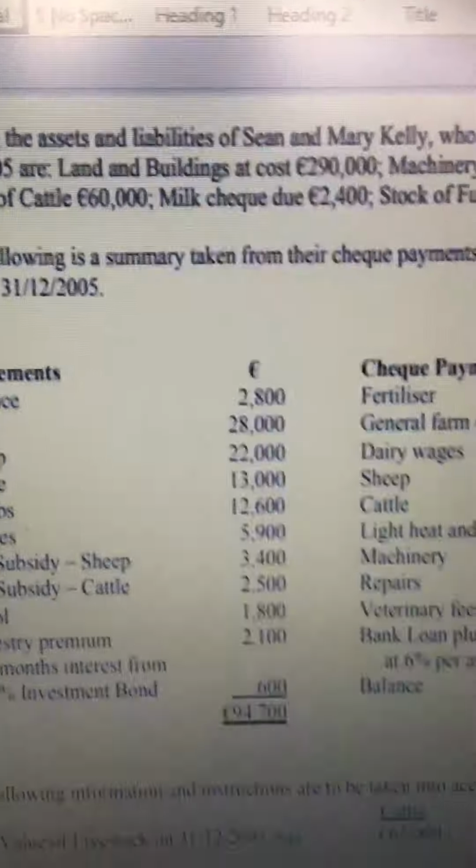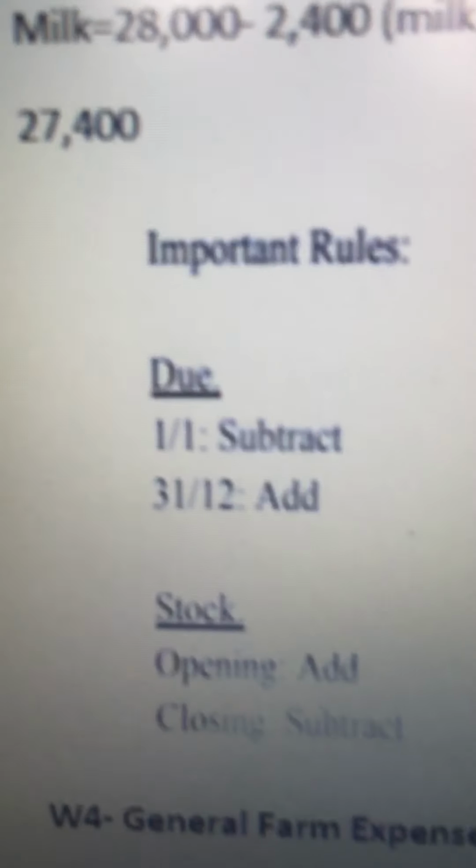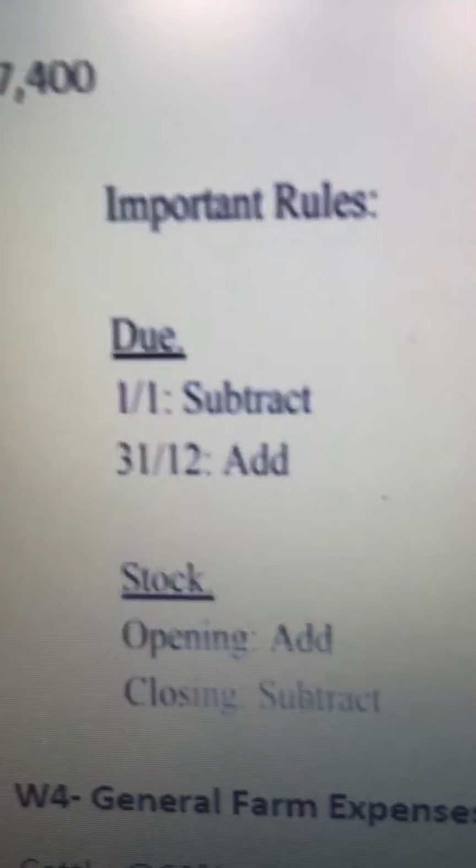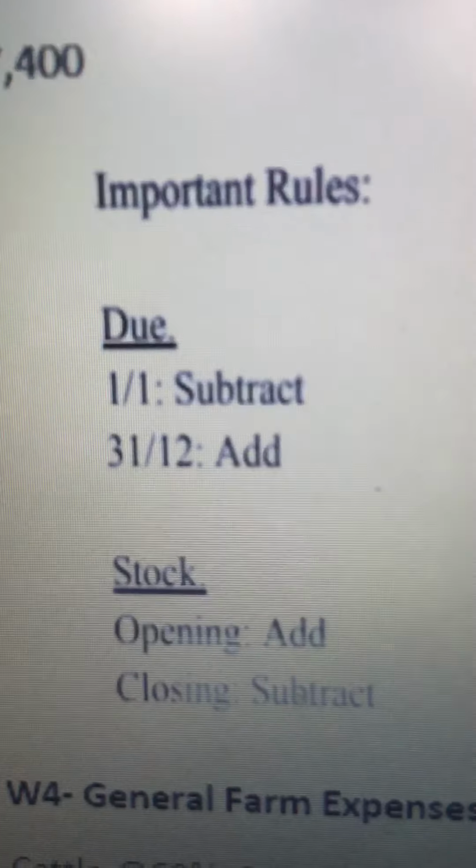So in order to do this working, we need to first of all go through our rules again. So when we're doing questions, there are rules here in relation to due and prepaid and stock and debtors and creditors. So the fact that we have a check due on the 1st of the 1st, we subtract it based on the rules. Okay, very important that you know that.